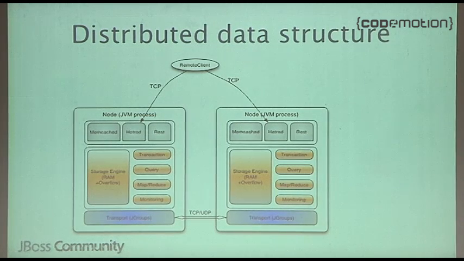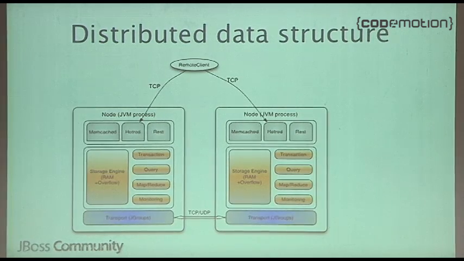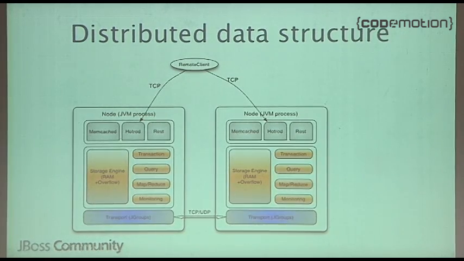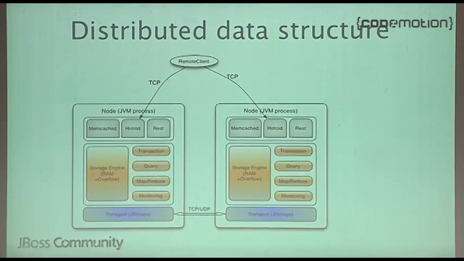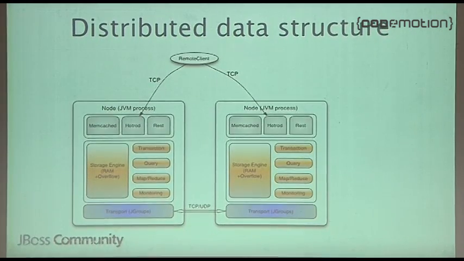For the network communication and this discovery of nodes and finding each other, all this functionality is provided by JGroups, which is a reliable multicast library which has been around for about 10 years now. It's quite used, and is developed again in the JBoss community.